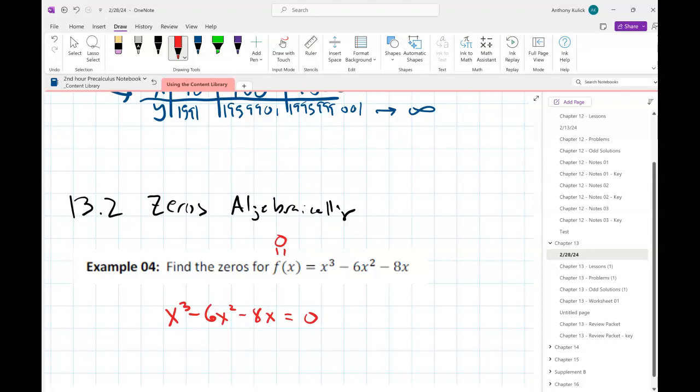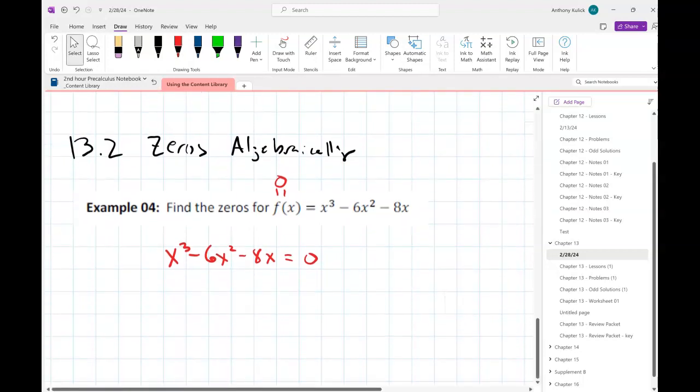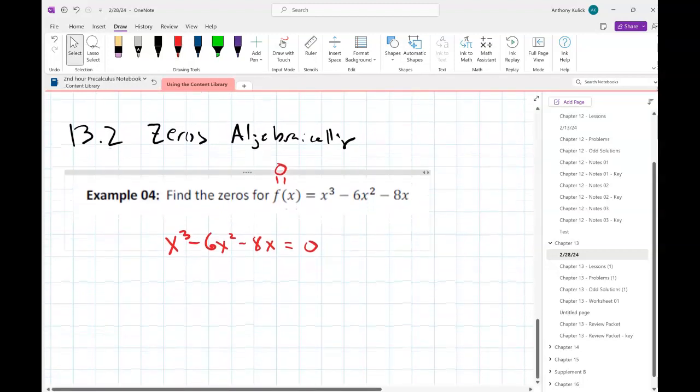How do I solve a polynomial equal to 0? I have to factor. So the first thing I should look for when I'm factoring is greatest common factor. That's the thing you're searching for. Great. Do we see a greatest common factor here? Look closely.